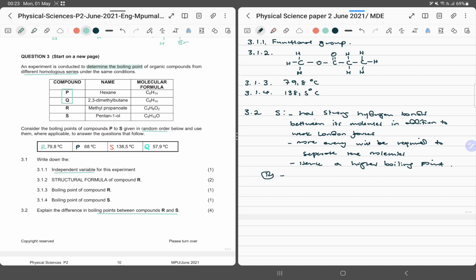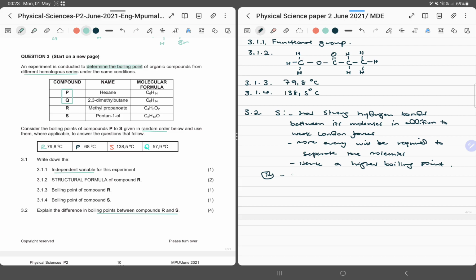I would say compound S has strong hydrogen bonds between its molecules in addition to weak London forces, compared to compound R, which has dipole-dipole forces in addition to London forces. I like to do that simultaneous comparison, but you can do it separately.